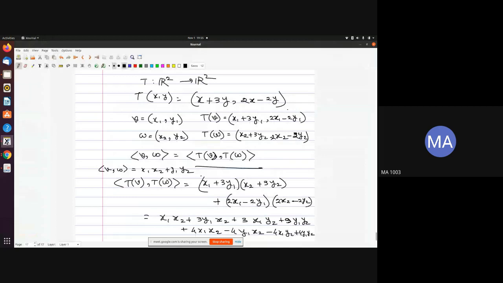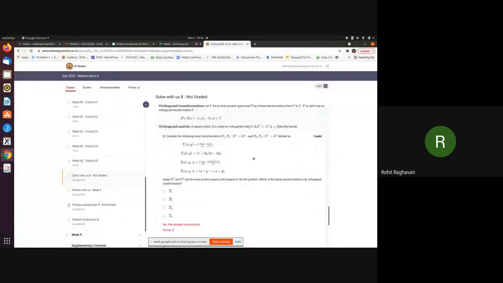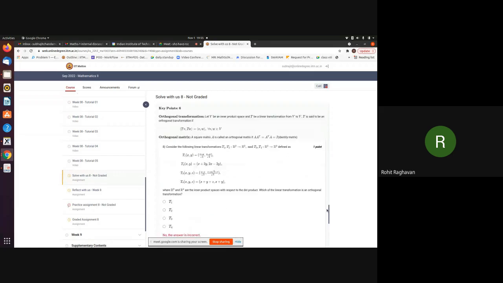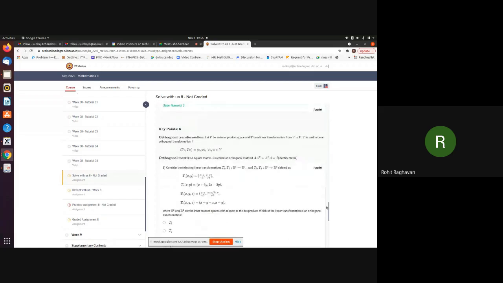Sir, are there any short tricks for determining whether the transformation preserves the inner product, just for the MCQ approach? No, basically you have to check this definition. Otherwise, there is no way.